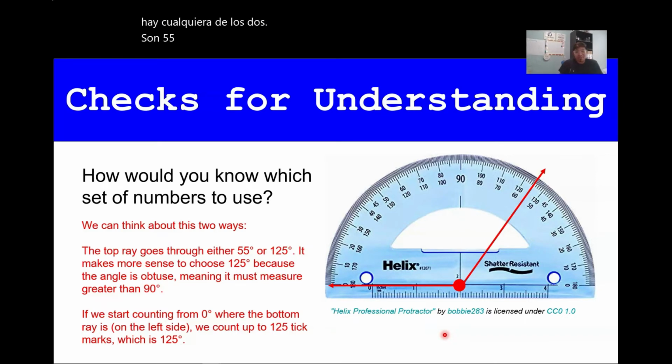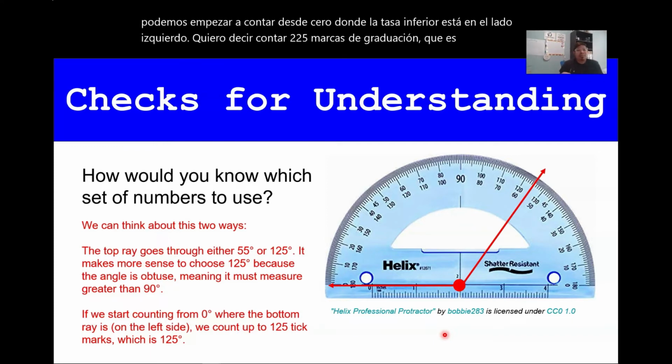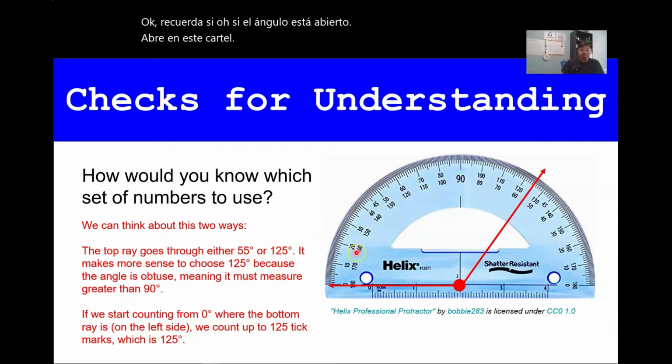It makes more sense to choose 125 because the angle is obtuse, meaning it must measure greater than 90 degrees. Or we can also start counting from 0 where the bottom ray is on the left side, and we can count up to 125 tick marks, which is 125 degrees. Remember, if the angle is open on this side, then use the top numbers, okay?